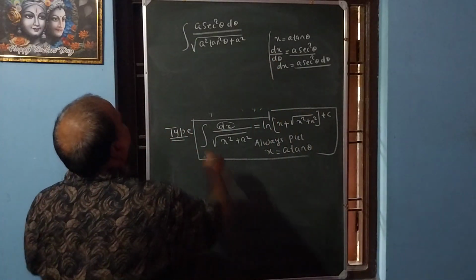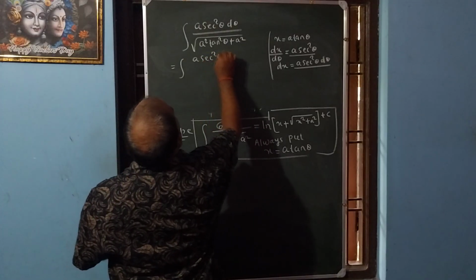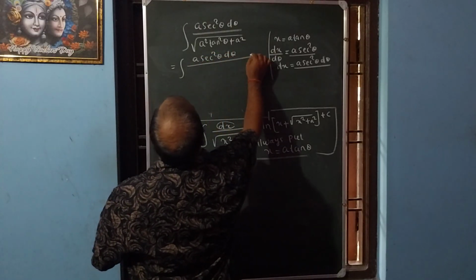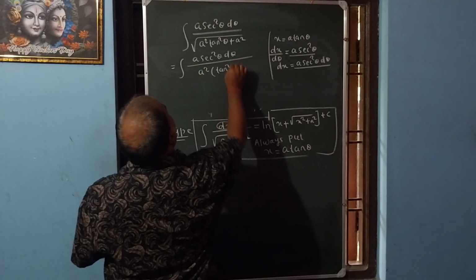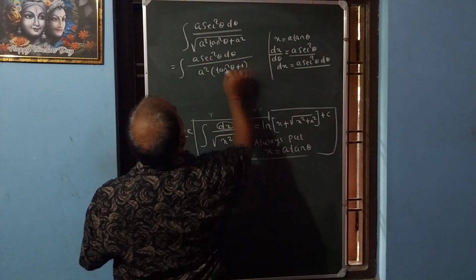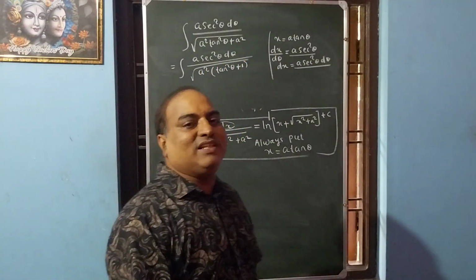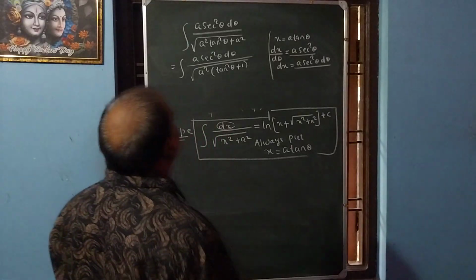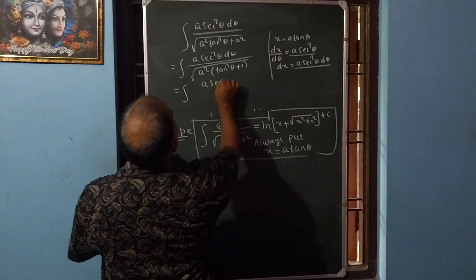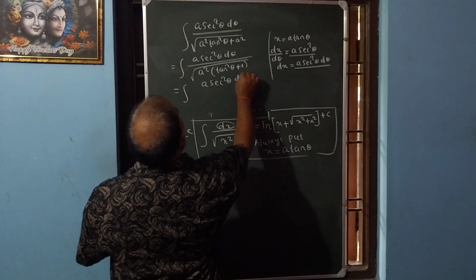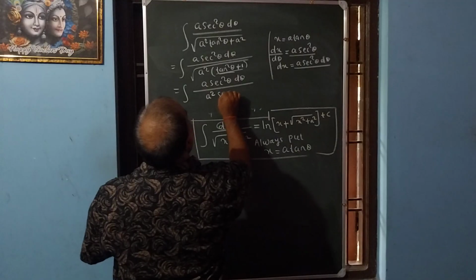So we get a sec square theta d theta divided by root over a square, taking common, tan square theta plus 1. We know that 1 plus tan square theta is equal to sec square theta. So we get a sec square theta d theta divided by root over a square sec square theta.